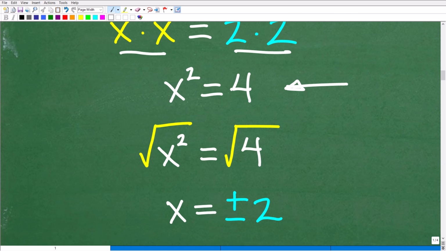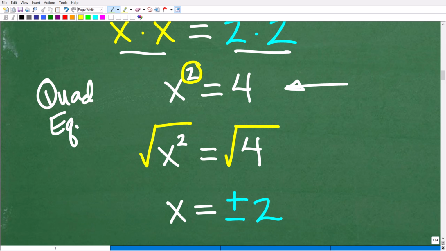At this point of the problem, you can clearly identify this as a quadratic equation. Not to get overly technical, but a quadratic equation is basically a second degree polynomial, a polynomial where the highest power is 2. In algebra, there's a little theorem.